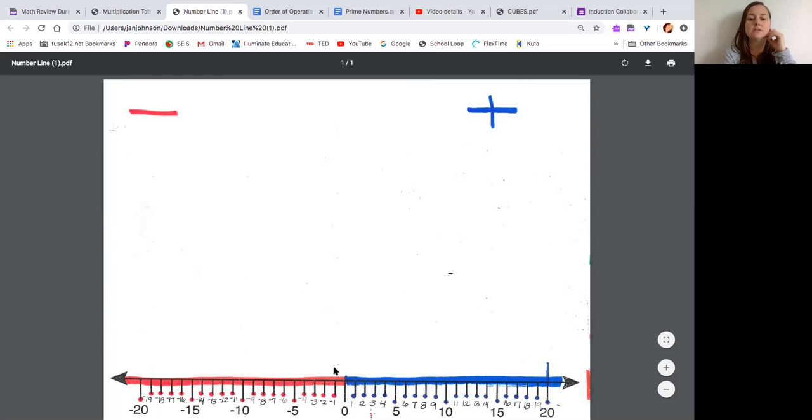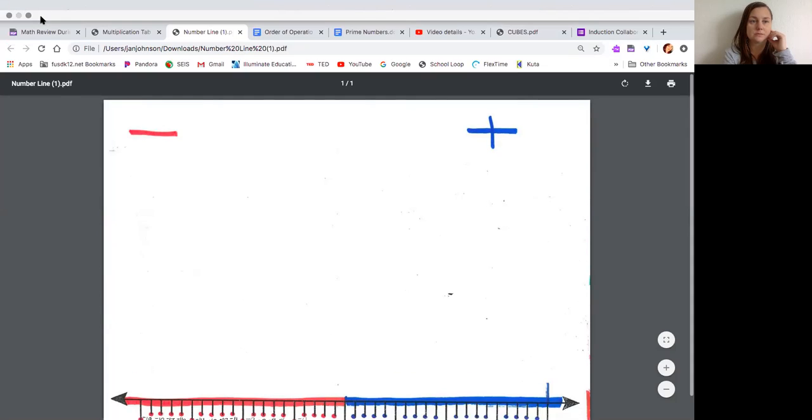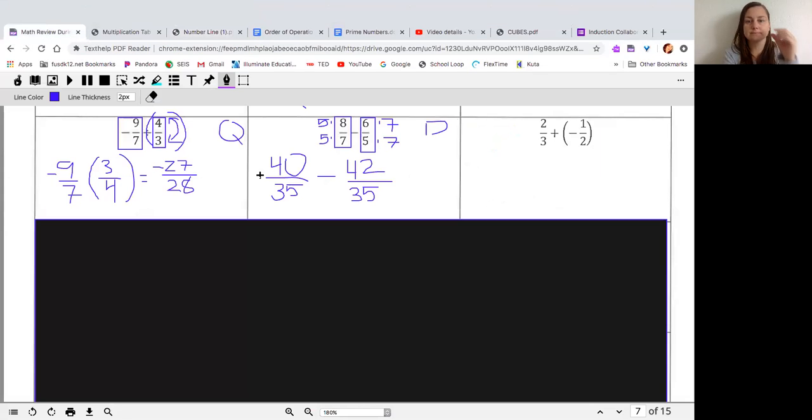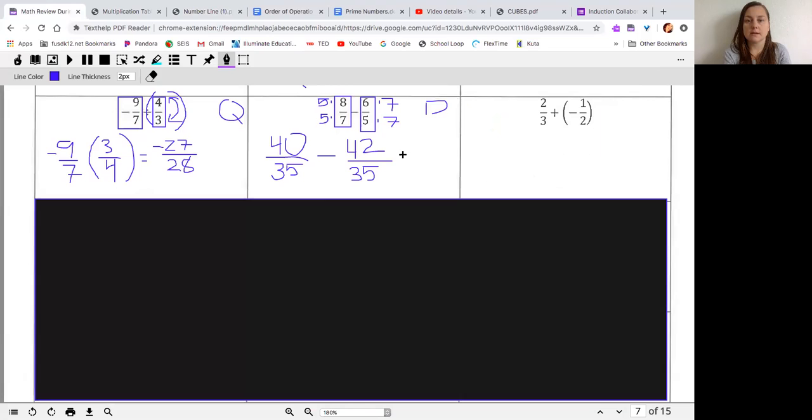So 0 minus 2 is negative 2. 40 minus 42 is negative 2. So that gives me negative 2 over 35.